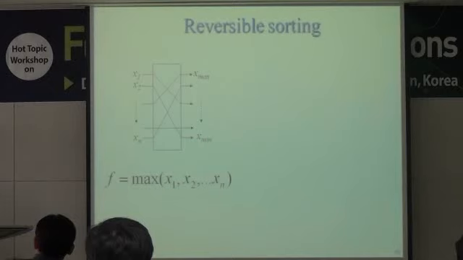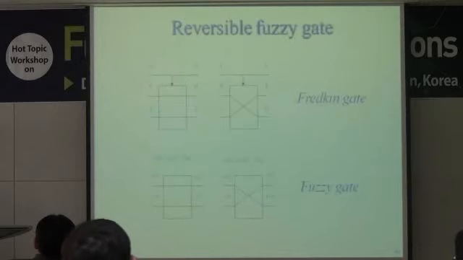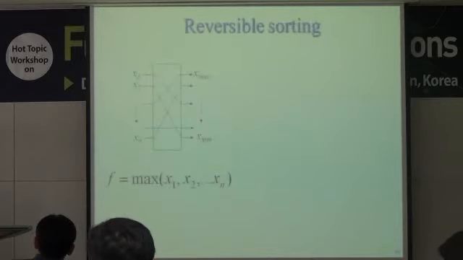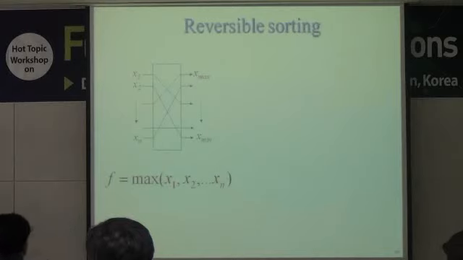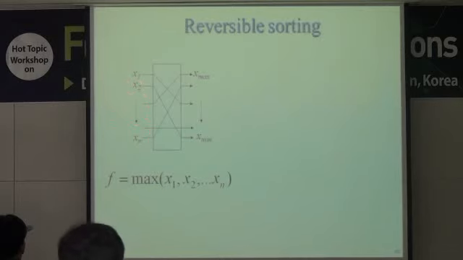From this basic gate, we can build a sorting network. In the first step we bring the voltages to the input and obtain the sorted voltages at the output.